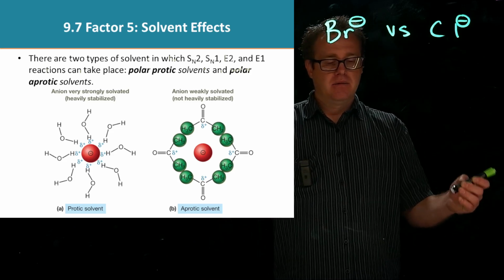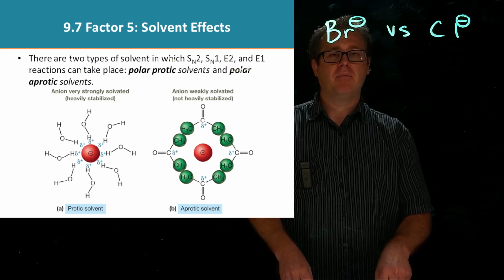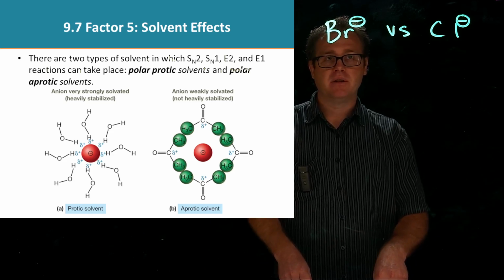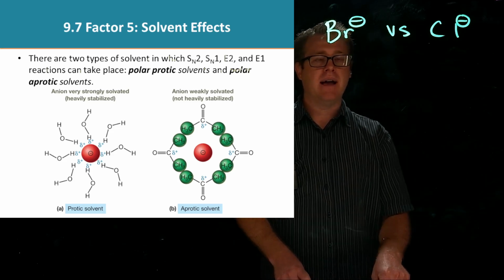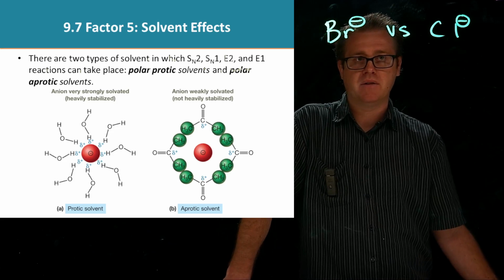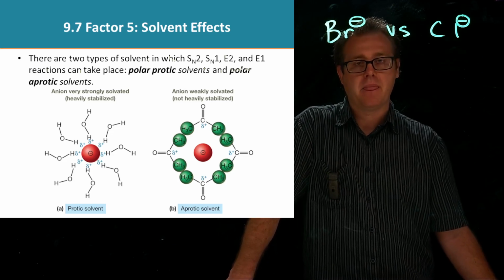So that's something that you write down. That's really important to remember. Polar aprotic solvents do not solvate anions very well, whereas polar protic solvents do in fact stabilize anions very well.